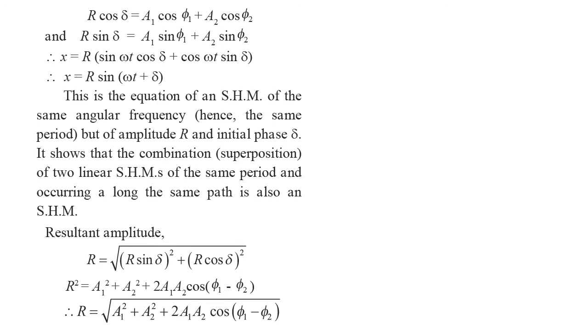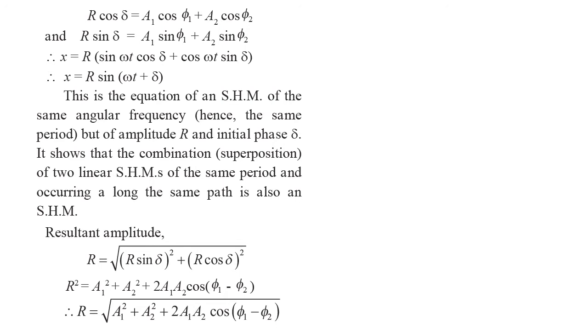Now here also, by using this simple trigonometric relation, you get x equals r sin(omega t plus delta). So this equation x equals r sin(omega t plus delta) is the equation of an SHM of the same angular frequency.